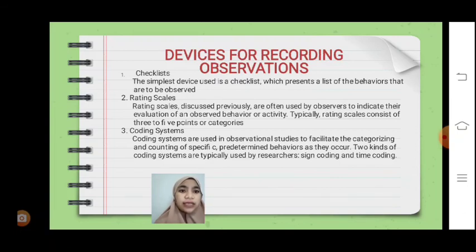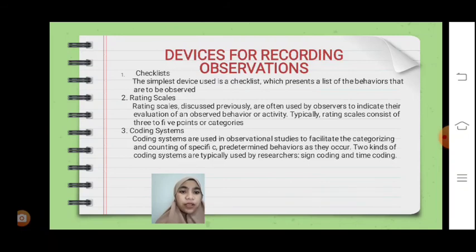Rating scales discussed previously are often used by observers to indicate their evaluation of an observed behavior or activity. A typical rating scale consists of a 0 to 5 point category. 3.